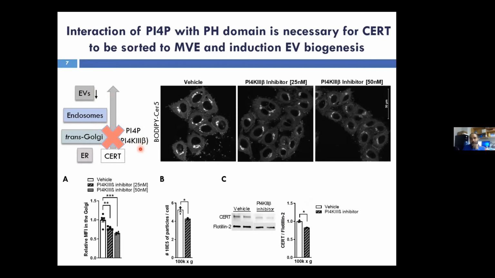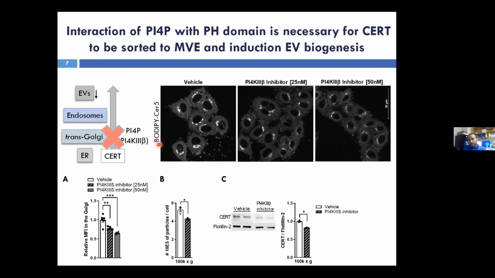So we used EN10, which is a selective inhibitor of this enzyme. And we studied the ceramide distribution, the BODIPY ceramide distribution, upon inhibition of PI4P generated by the PI4 kinase 3 beta.